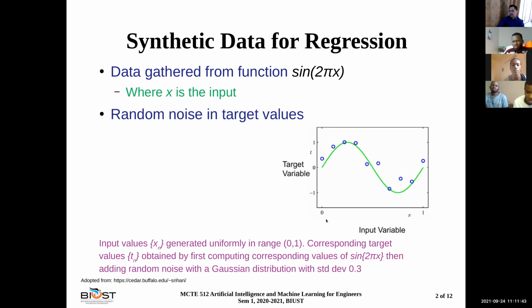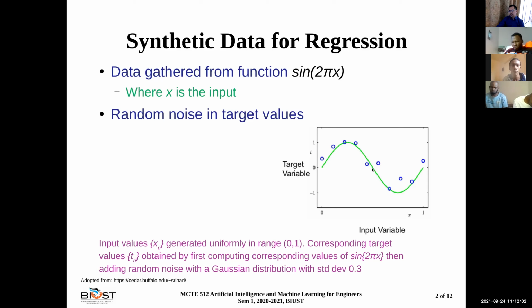So this is x, and this is the output. This is the entire function, and now there are some noise or target values associated with this function. The points here are the data points.